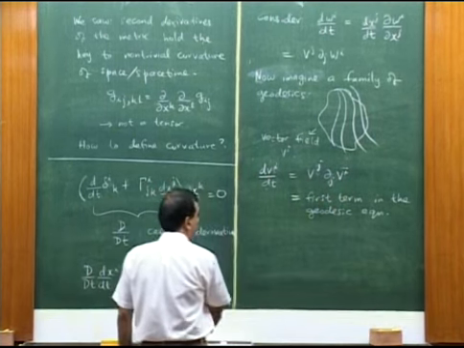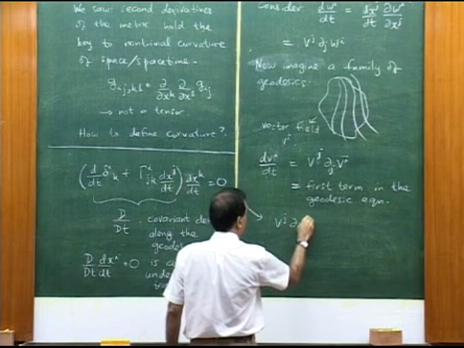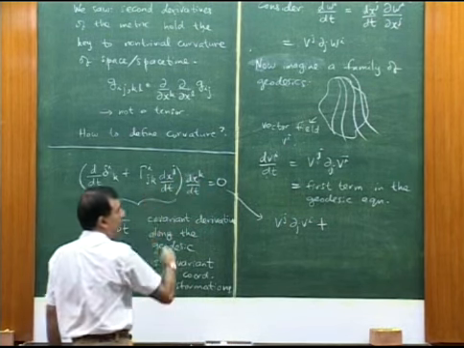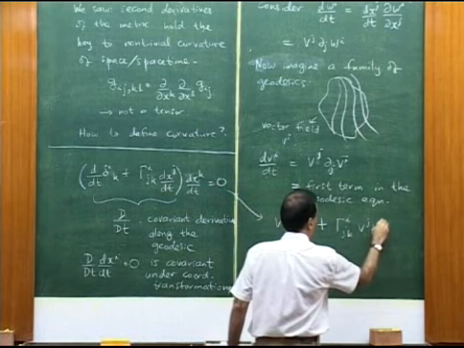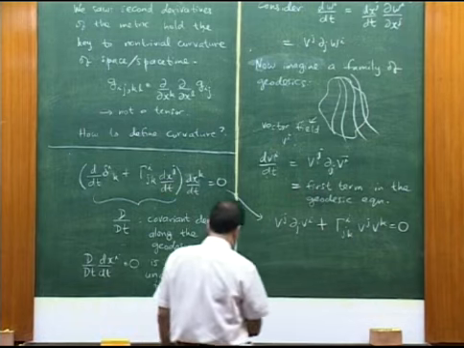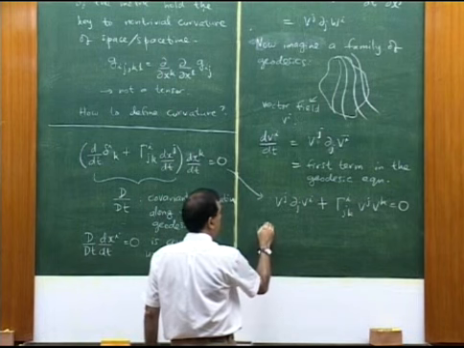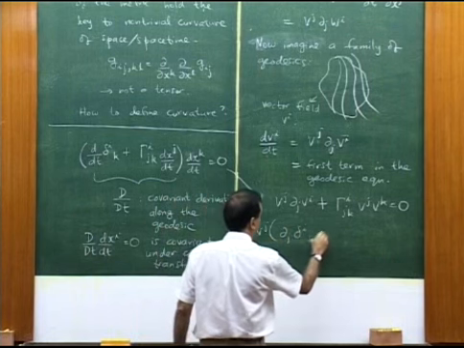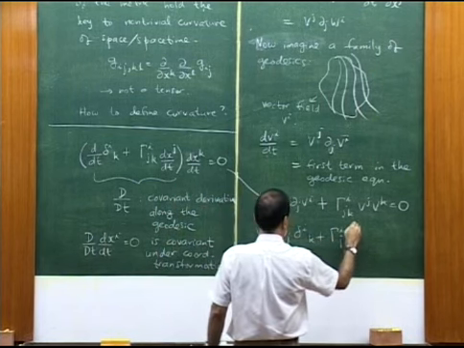So in this language, the geodesic equation itself can be written Vj del j Vi plus, what's the second term? Vj, Vk and gamma ijk. And this gives us another way of writing the geodesic equation, which is Vj of del j delta ik plus gamma ijk, Vk equals 0.